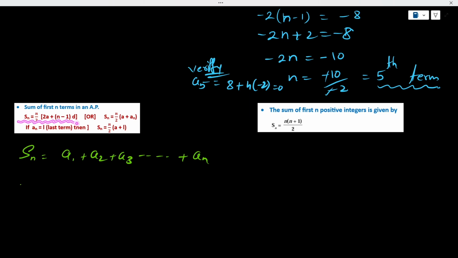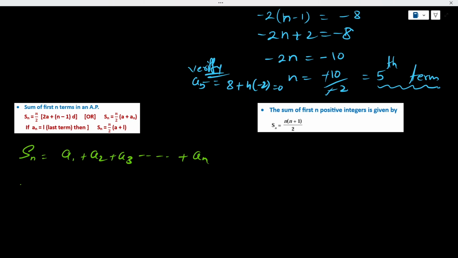Sn equals n by 2 times (2a plus (n minus 1)d), or an extension of this can be n by 2 times (a plus an), because a plus (n minus 1)d is nothing but an, right? So we can write it another way, n by 2 (a plus an). If the last term is known, this an will become L, so your formula will be n by 2 (a plus L). This formula we use to find the sum.